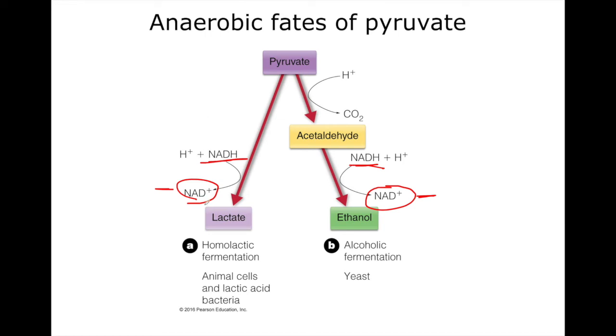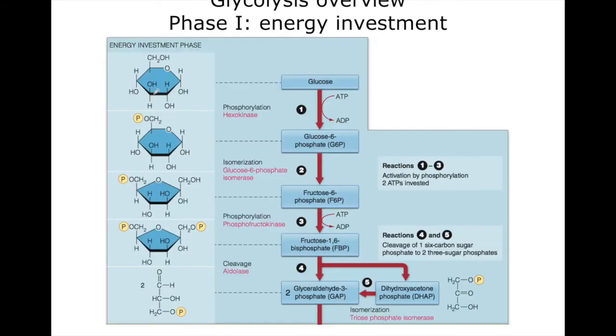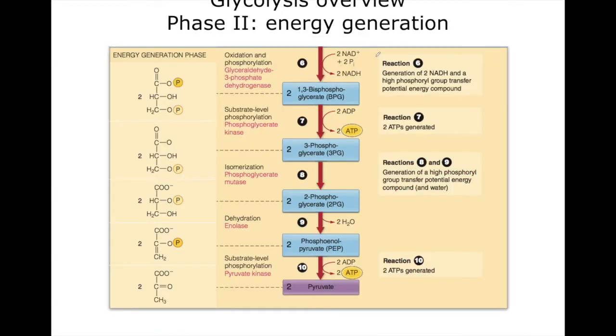It's very critical for glycolysis that we have NAD+. So for glycolysis to occur, there's an absolute requirement for NAD+. If we look back at the steps of glycolysis, from step 5 to 6, NAD+ was converted to NADH, right? So we were reducing NAD+ to form NADH. Now there's a limited supply of NAD+ within our cells.